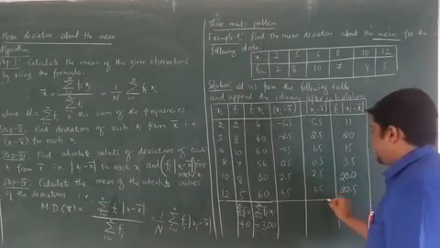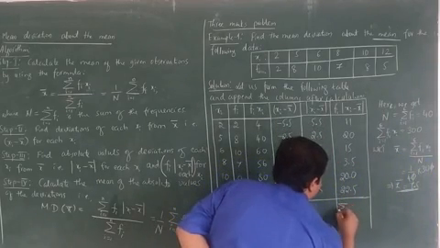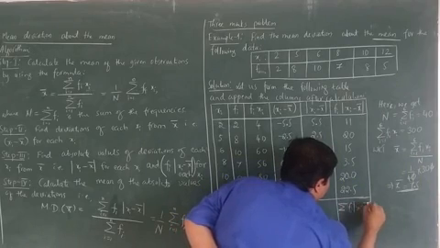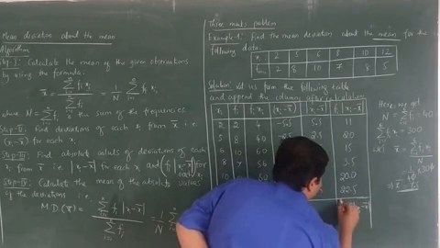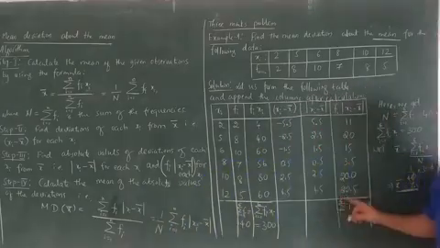Now at the last parameter, your task is to calculate the summation of fi modulus of xi minus x bar, where i is running from 1 to 6, because only 6 observations are given over here.